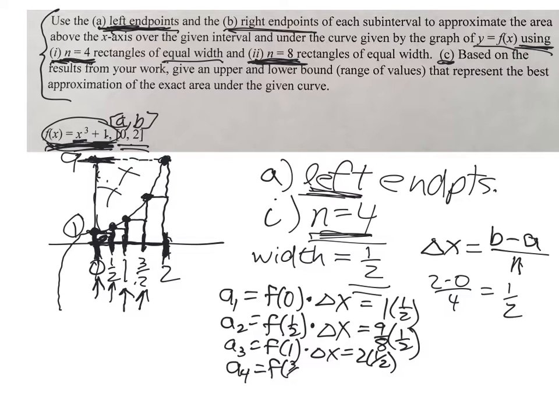Height of f of 3/2 times our width, and 3/2 cubed, 27/8 plus 1, 27 and 8, is that 35/8? At some point, you'll be plugging these into your calculator anyway and just write a decimal.